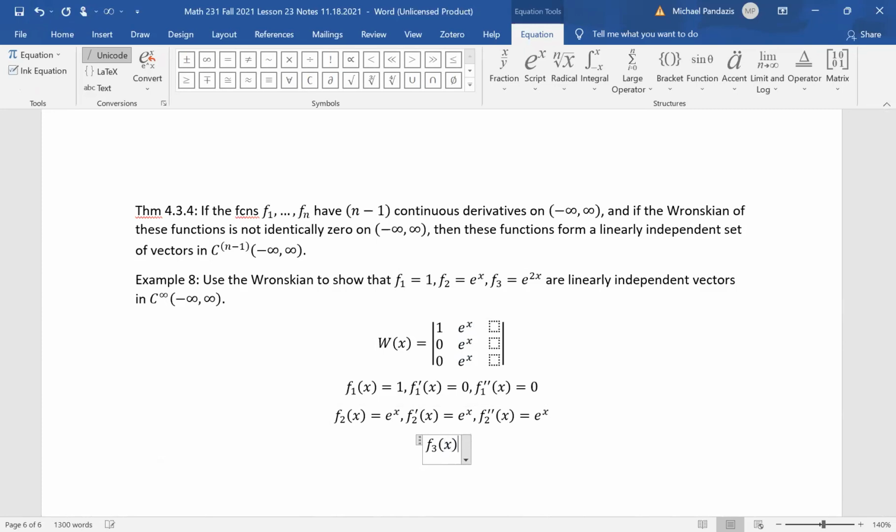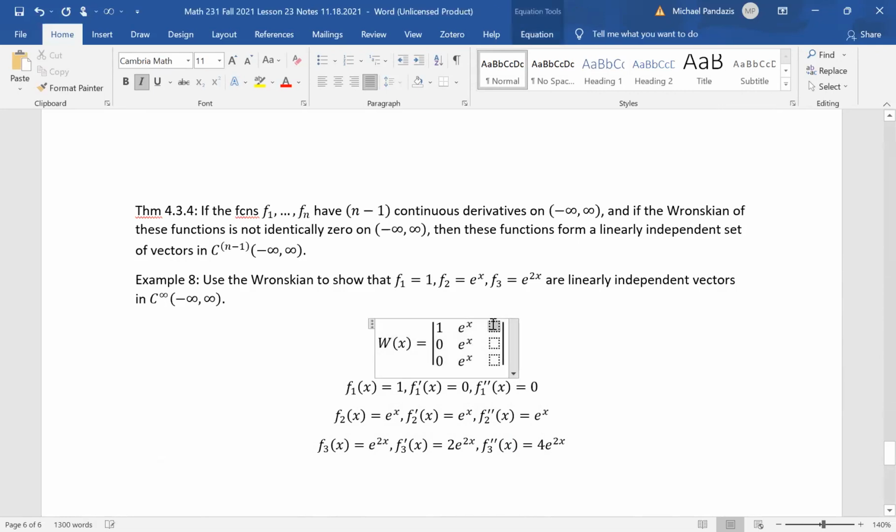So f sub 3 of x is equal to e to the 2x, and its derivative, f sub 3 prime of x, is the derivative of e to the 2x, which is 2e to the 2x. Then f sub 3 double prime of x is the derivative of the first derivative, the derivative of 2e to the 2x, which is 4e to the 2x.